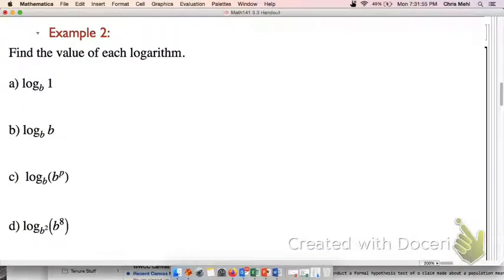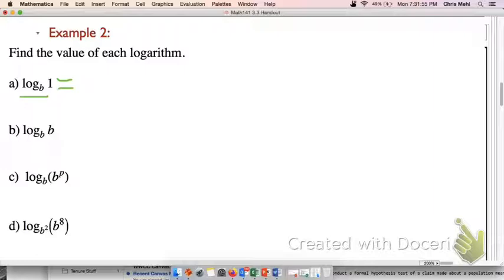Find the value of each logarithm, and I'm going to do this rather quickly. Log base b of 1. Now, for this first one here, you are basically saying, what if the base is b, and I'm inputting 1, I'm saying, what power do I have to raise the base b to get 1?